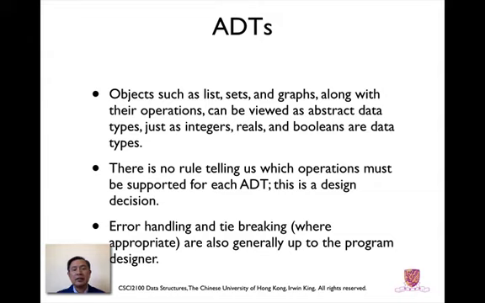Error handling and type checking are also generally up to the program designer. So it is very clear that you need to specify your abstract data type very clearly to the user before it can be used and implemented.